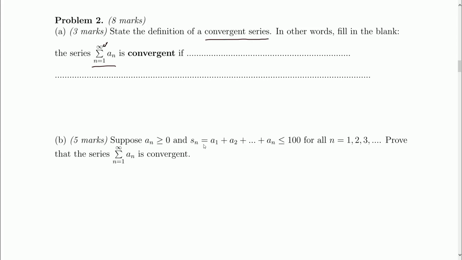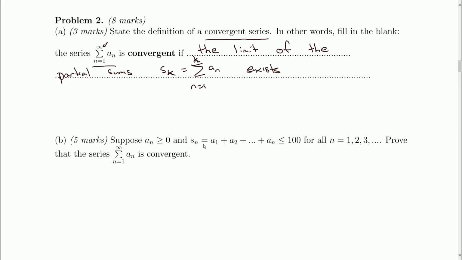So we only had one definition that we learned, and that is if the limit of the partial sums, I guess they use an N, I'll switch it to a K, so if the limit of that exists.